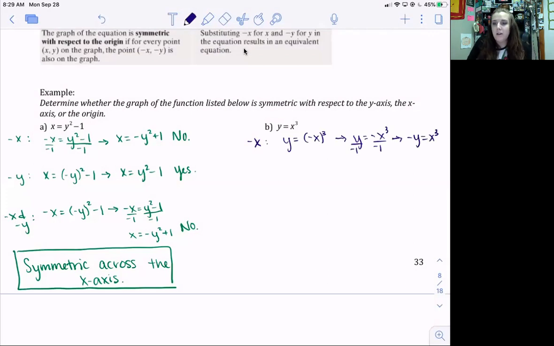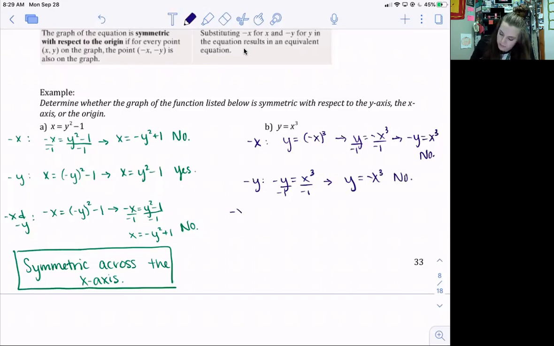So we aren't getting back our original function, so this is no. We try negative y, we get negative y equals x cubed. So let's divide by negative 1 and see if it'll go away. We get y equals negative x cubed. So that doesn't work either.